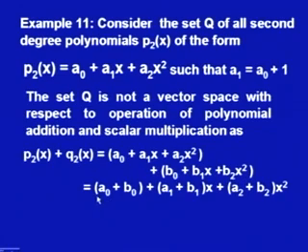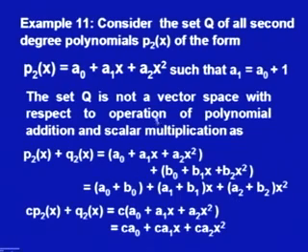It is defined as a naught plus b naught plus a 1 plus b 1 x plus a 2 plus b 2 x square, that is the coefficients are added together. The scalar multiplication c times p 2 x is defined as c times a naught plus a 1 x plus a 2 x square, which is c a naught plus c times a 1 x plus c a 2 x square.